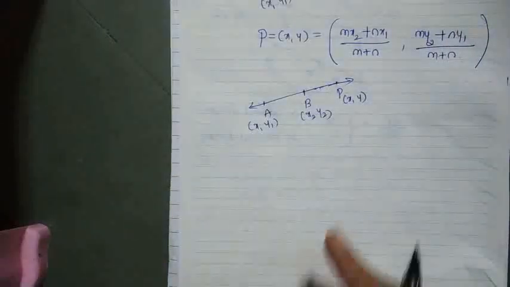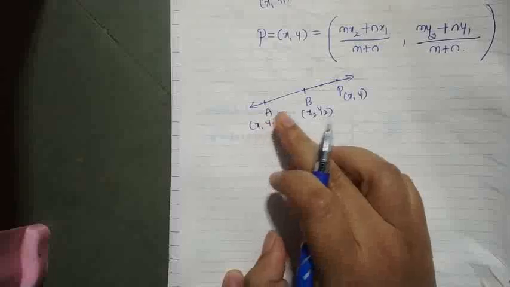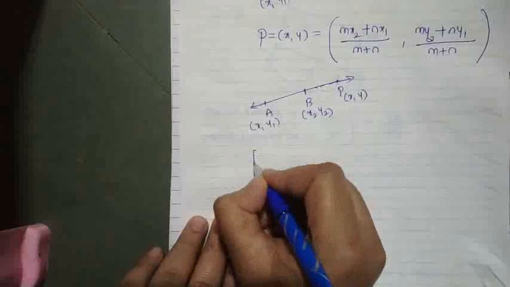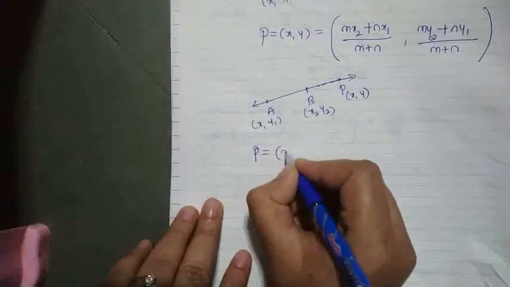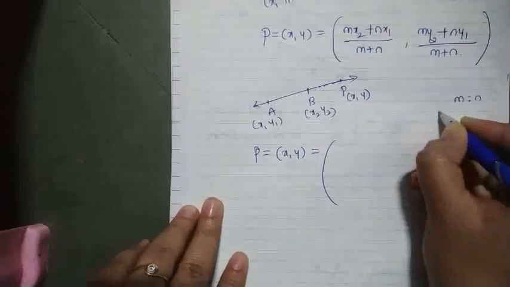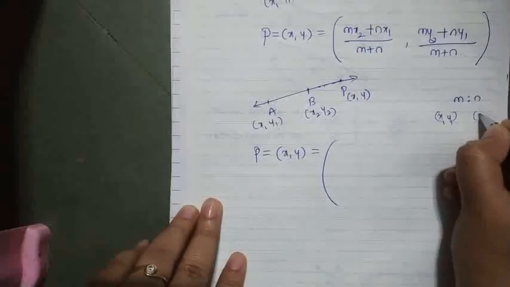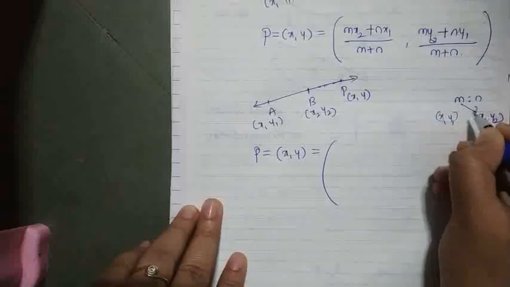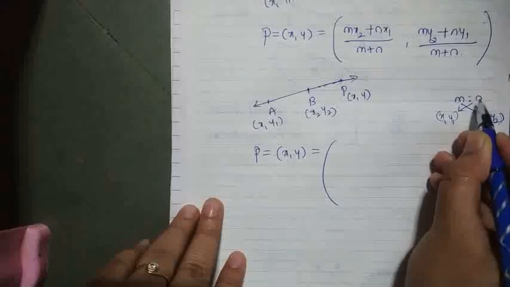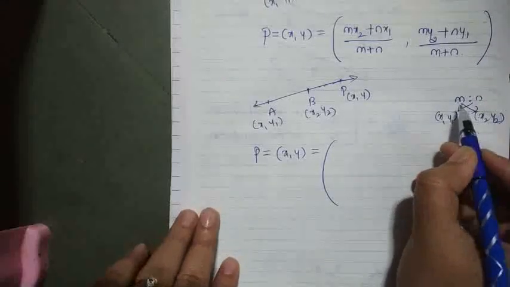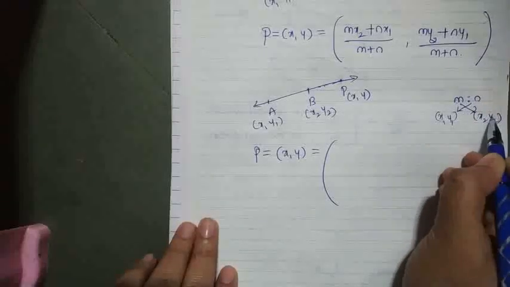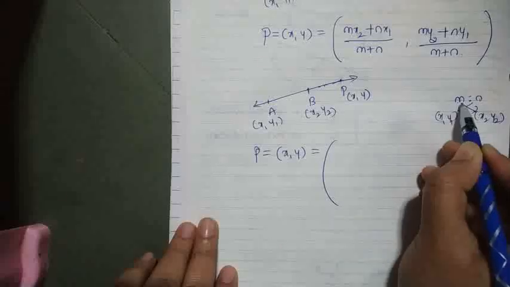The coordinates of a point P which divides the line AB externally in the ratio m is to n is given by the same cross method: mx2 minus nx1 divided by m minus n, and next my2 minus ny1 divided by m minus n.